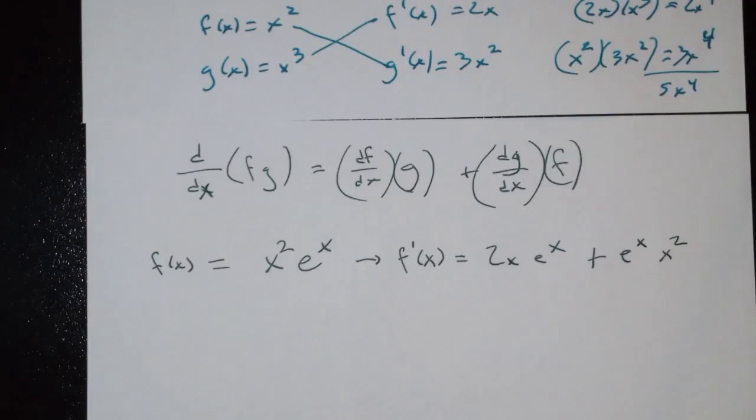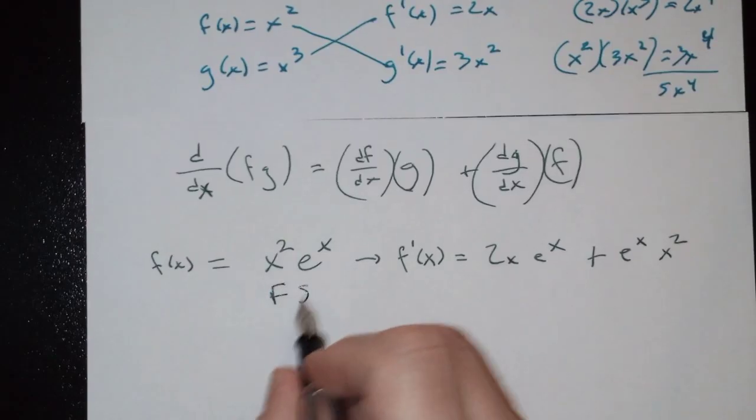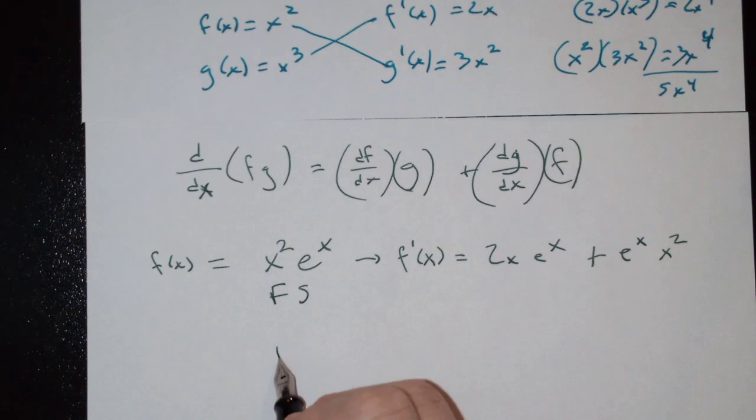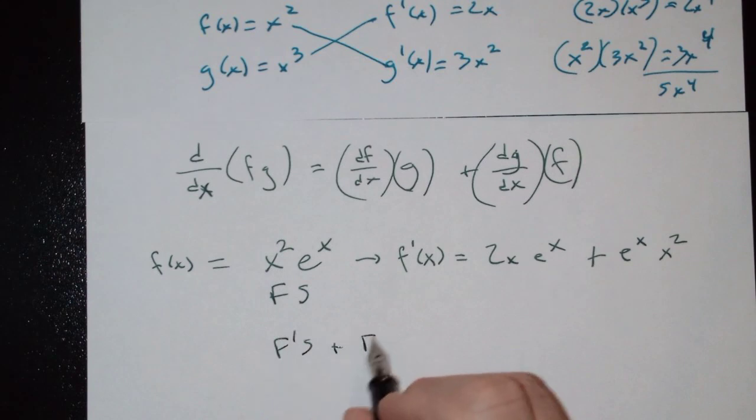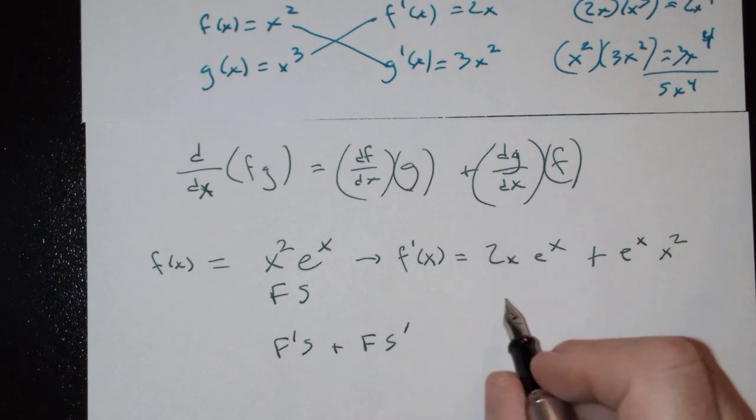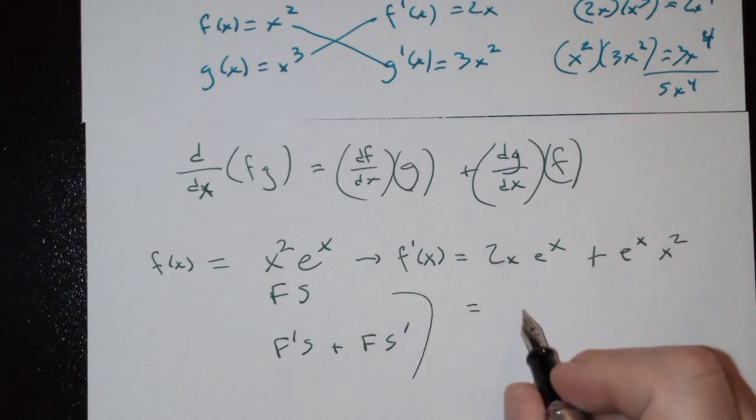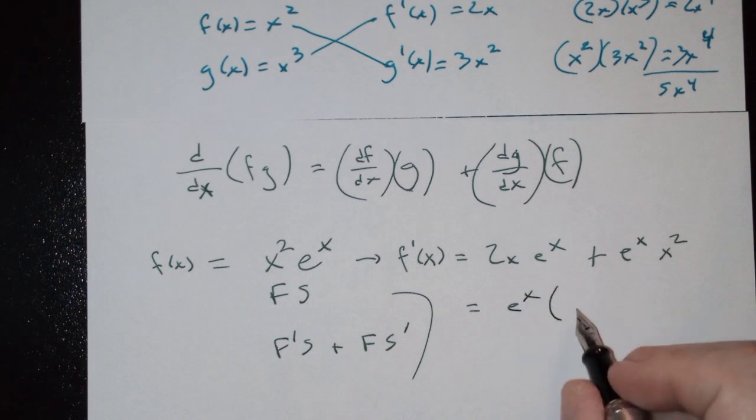Quite frequently, I actually leave them in order. I'll even write f and s. And so my derivative will be f prime s plus f s prime. Derivative of one at a time. Derivative of the first one, leave the second one alone. Leave the first one alone, derivative of the second. I can leave this just like this, or if you want, I can factor the e to the x out.